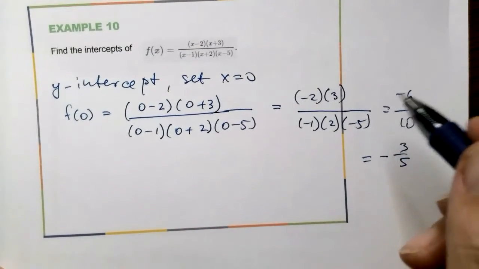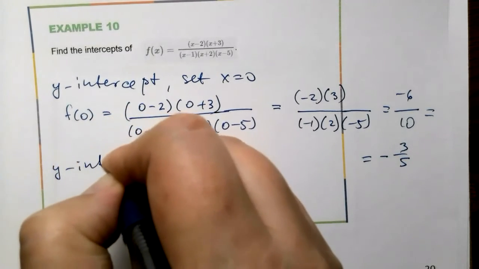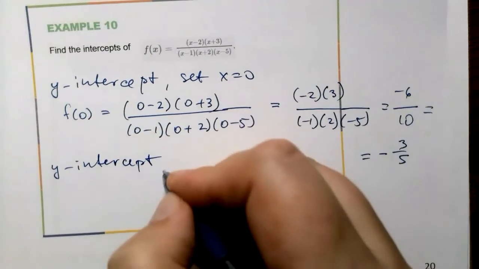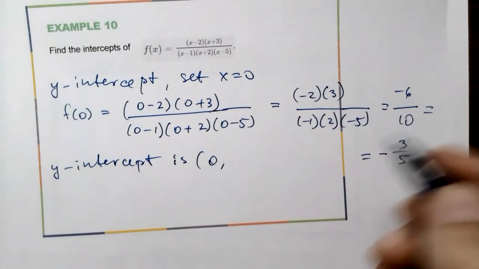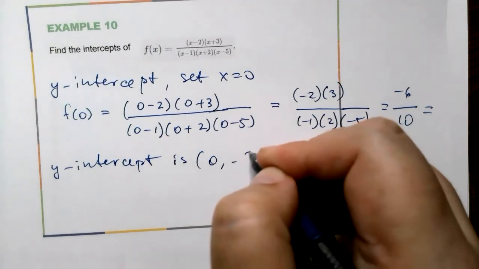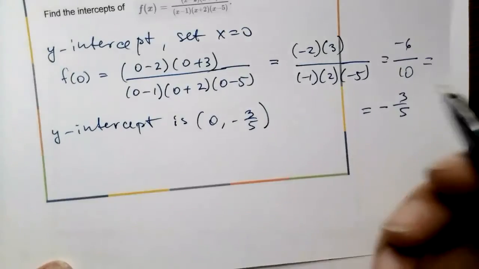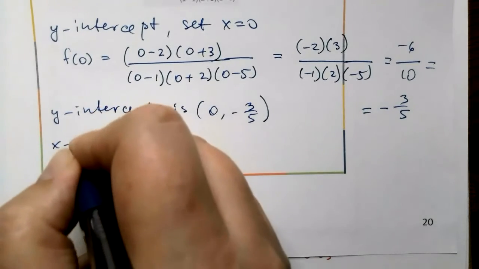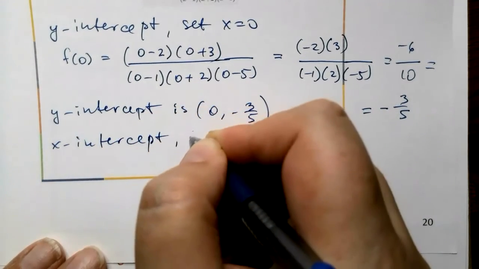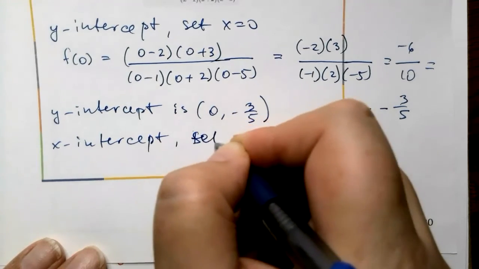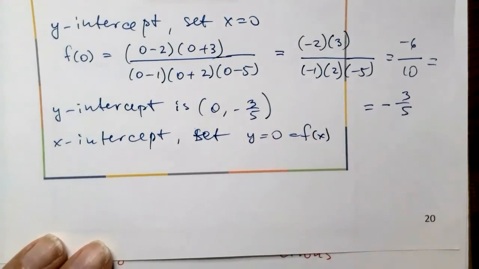Okay. So the y-intercept is 0, -3/5. Now, to find the x-intercept, we set y equals 0, or f of x equals 0.